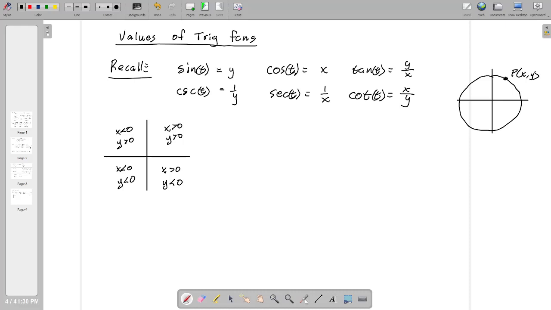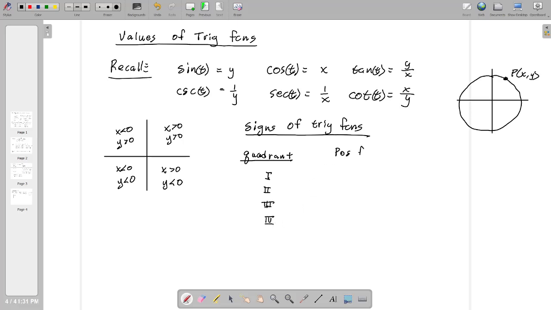So using these properties in the xy plane, we can figure out what the signs of each of these trig functions will be in each quadrant when t lands in a specific quadrant. Signs of trig functions. We have quadrant 1, 2, 3, and 4.